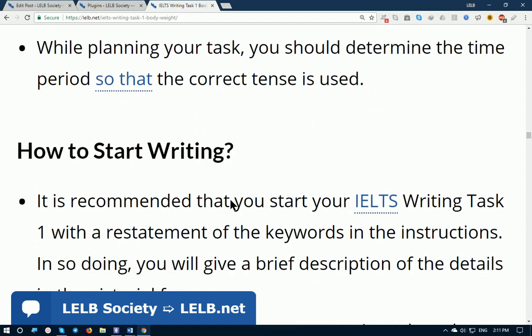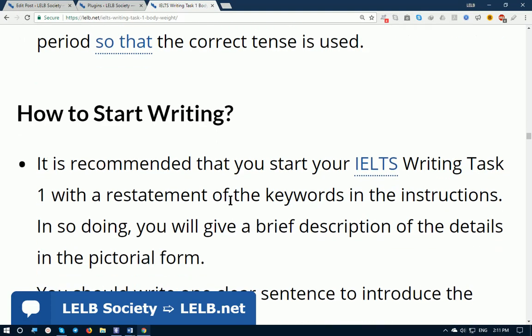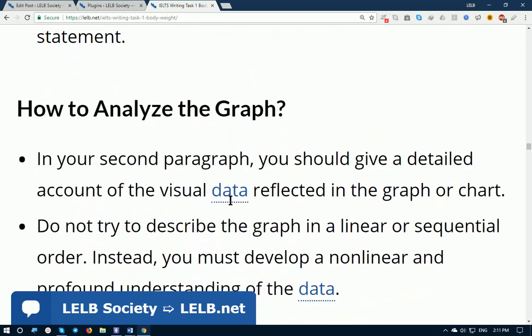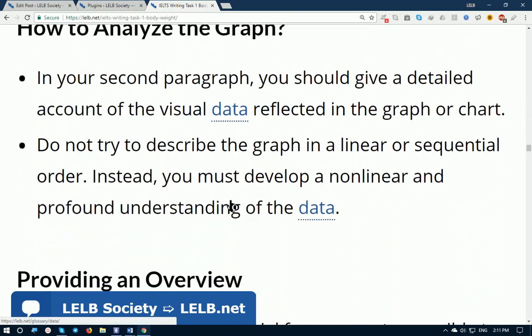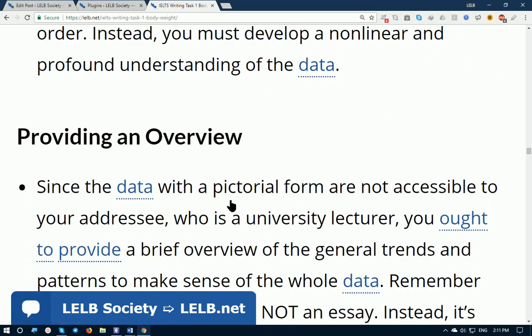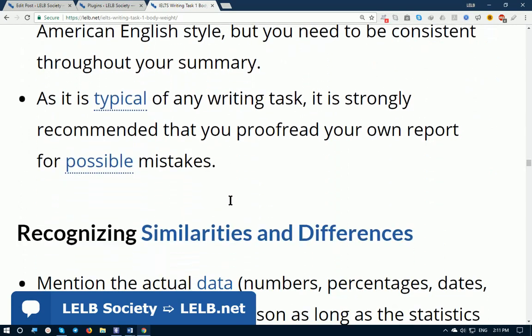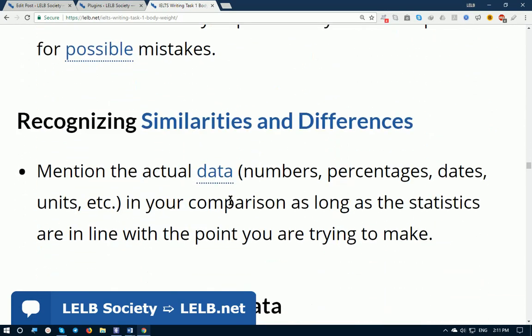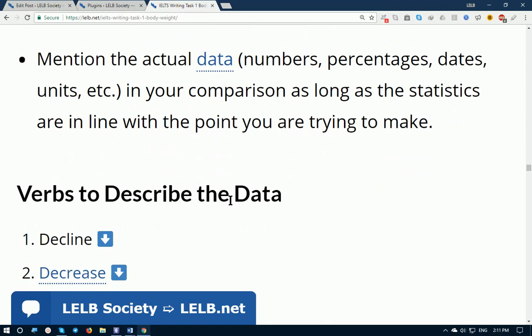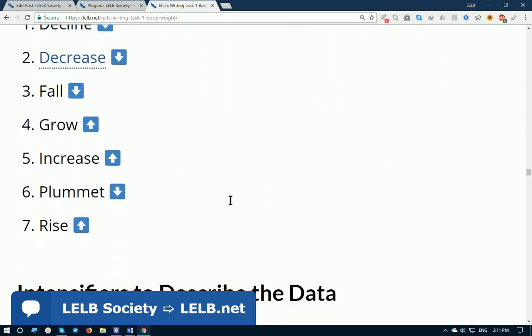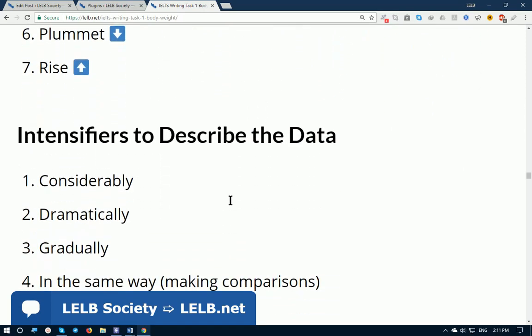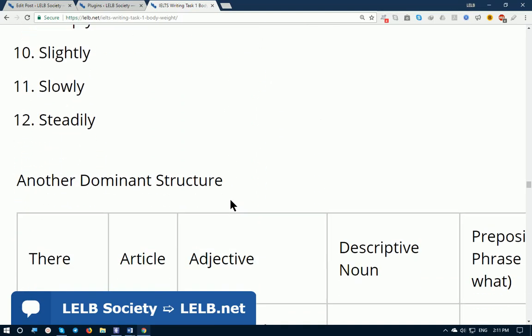You can read about these parts on LELB Society: how to start writing, how to analyze the graph, providing an overview, important tips, recognizing similarities and differences, verbs to describe the data, ascending and descending, destination or focus, intensifiers to describe the data.